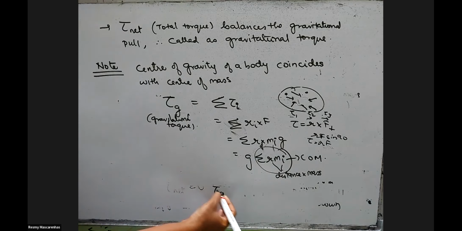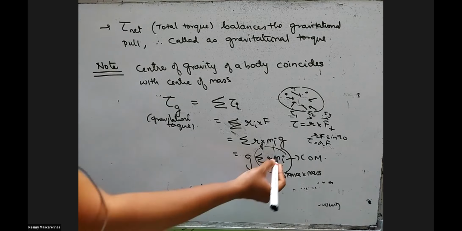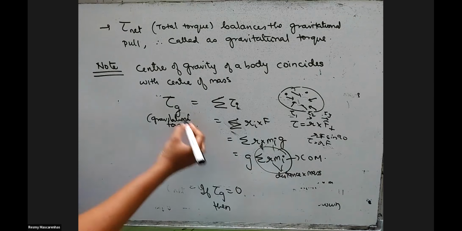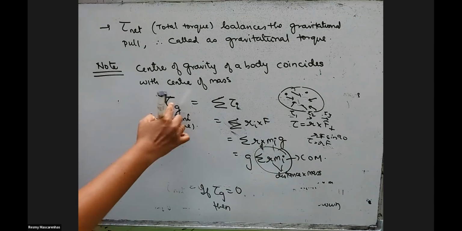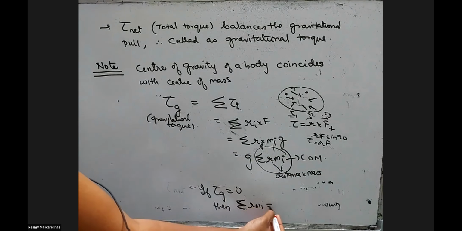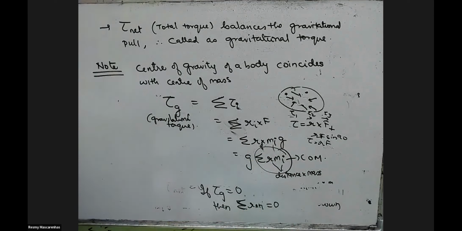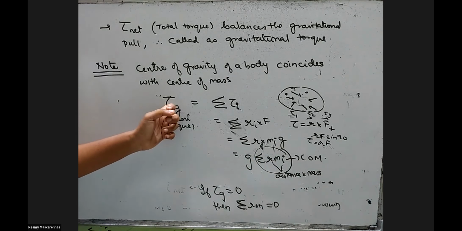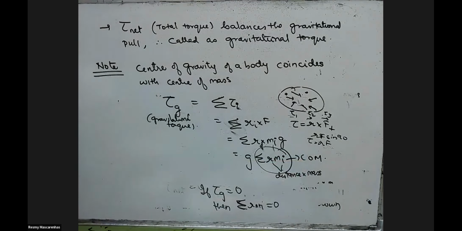So if the torque is 0, if this is 0, that means this is also 0. So if both are 0, they are equal. So then the gravitational point and the center of mass are the same.